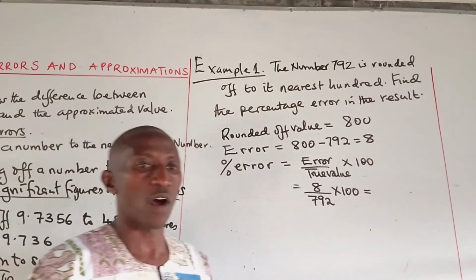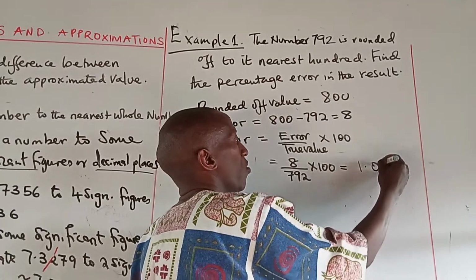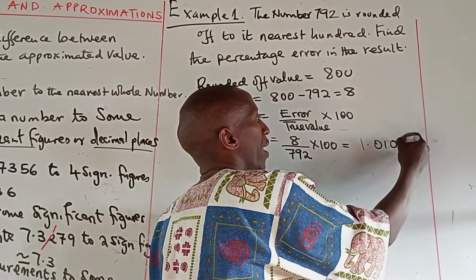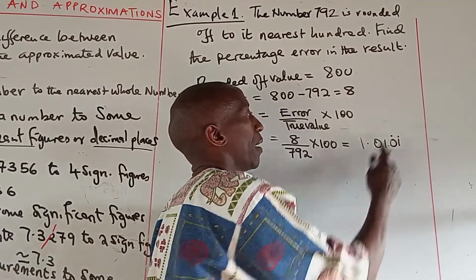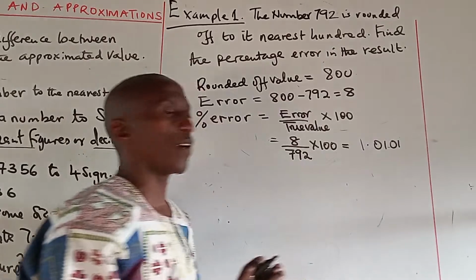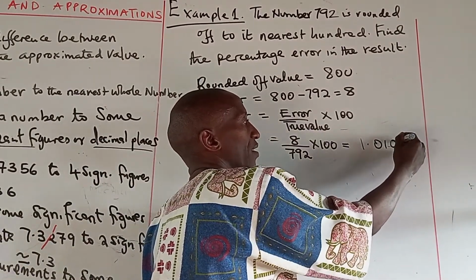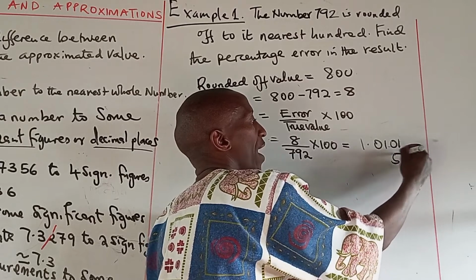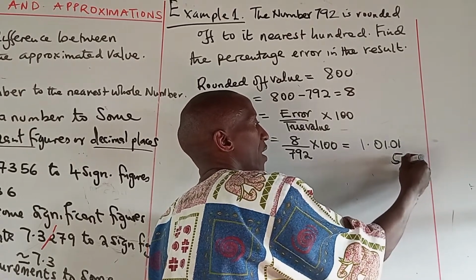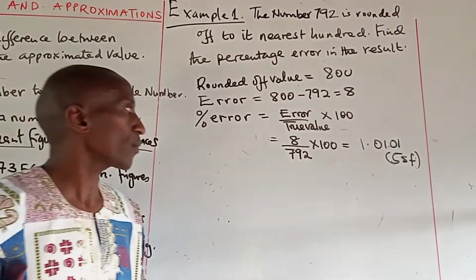I believe you have approximately 1.01, and this is recurring. And to four significant figures, we shall have 1, 2, 3, 4, and we can give this to a higher value, 5 significant figures. We can give it to 5 significant figures. All right.